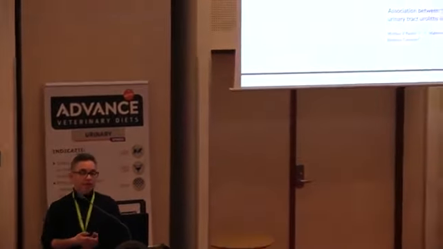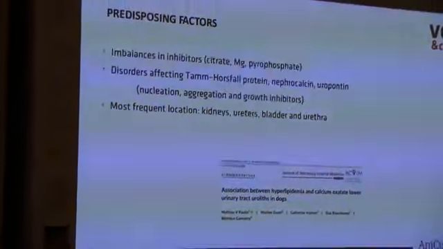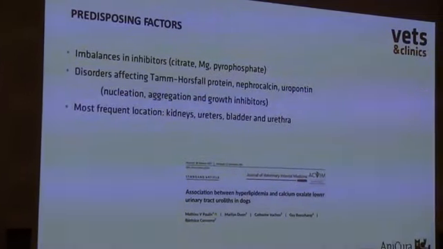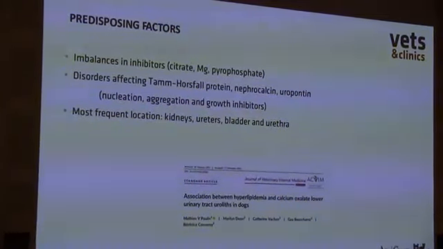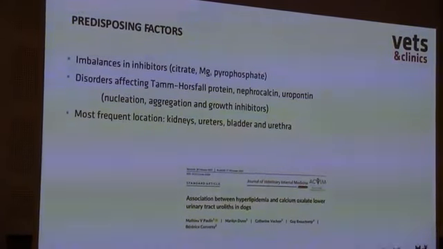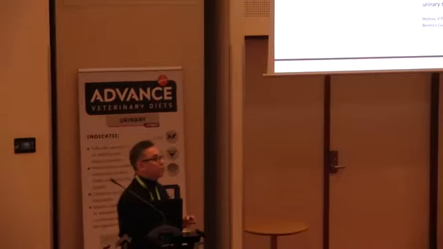Another factor that can predispose to this kind of urolith is an imbalance of the inhibitors, mainly citrate, magnesium, pyrophosphate, but there are other inhibitors like Tamm-Horsfall protein, nephrocalcin, uropontin, that have been proved to be affected in dogs with calcium oxalate uroliths. And the location is mainly kidney, ureters, bladder, and urethra.